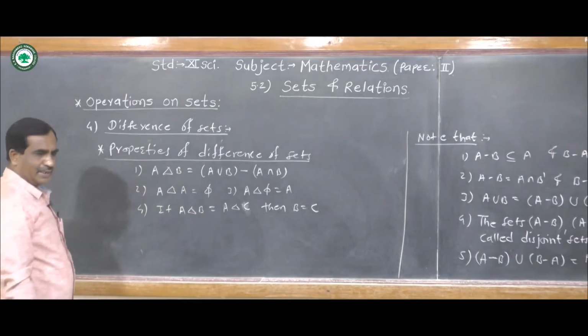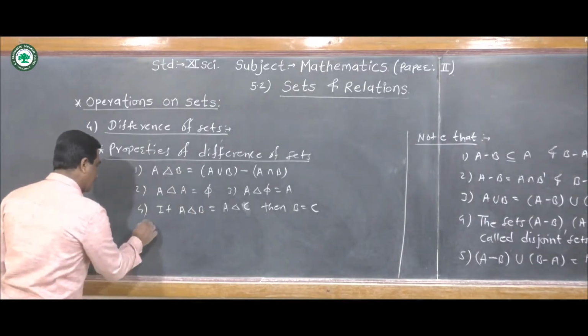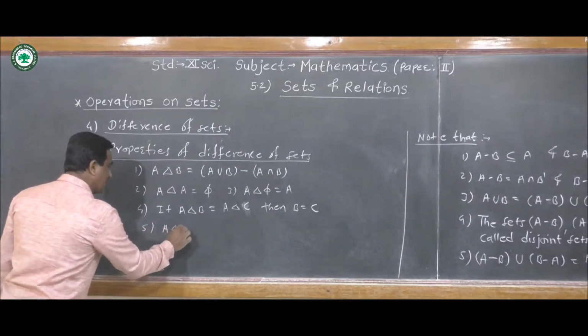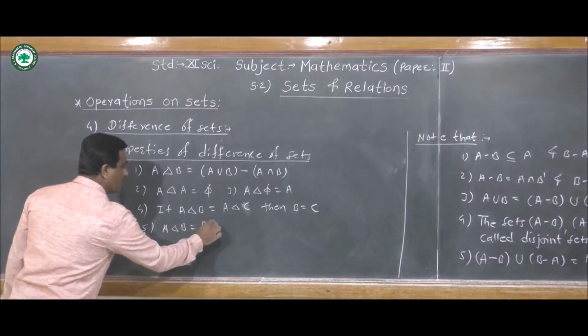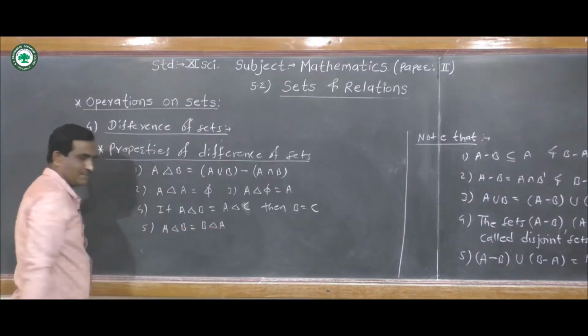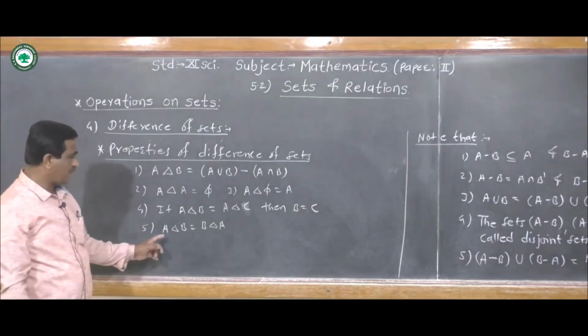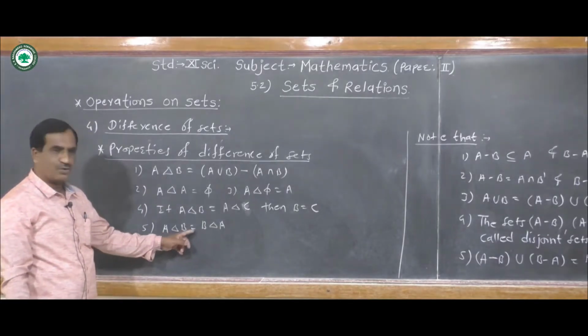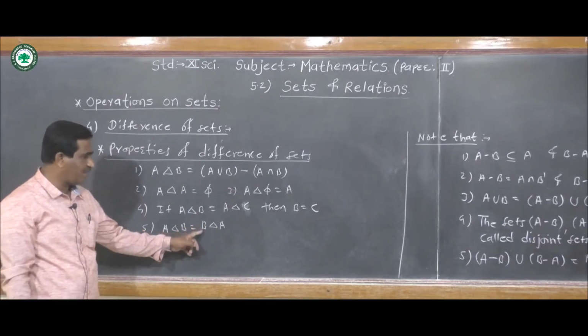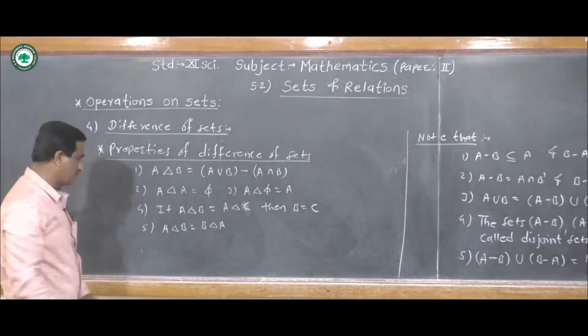The next property, A delta B is equal to B delta A. That is, the symmetric difference of set A and set B is equal to the symmetric difference of set B and set A. Okay.